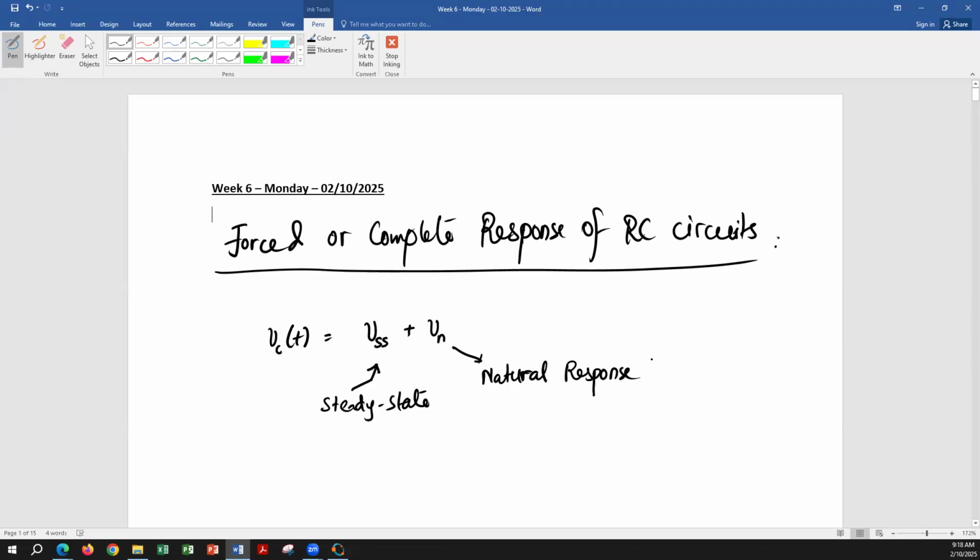Whether it's a capacitor voltage, whether it's a current, all those quantities, they are comprised of two components.